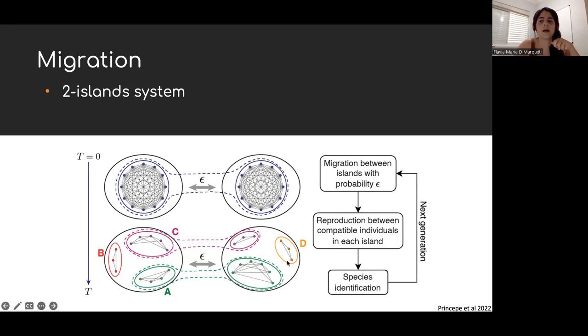So we start with the individuals migrating between islands with a given probability. They reproduce with compatible individuals inside the island, and then we identify species. And then we go again for another step of migration, reproduction, and species identification.